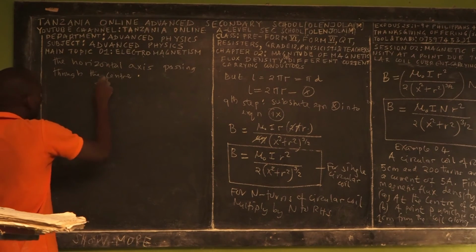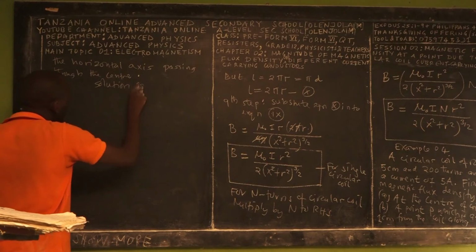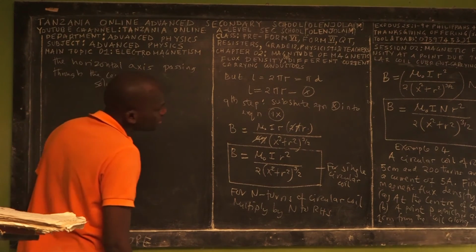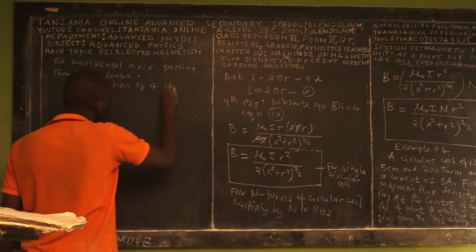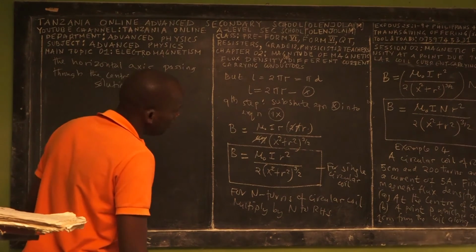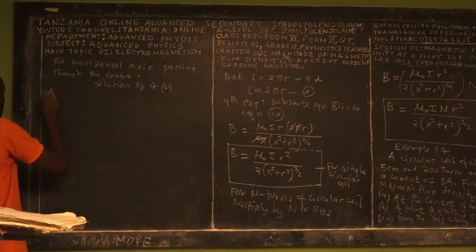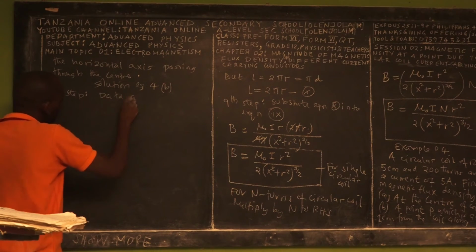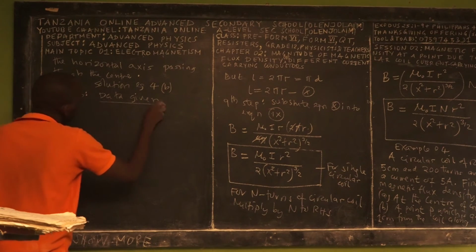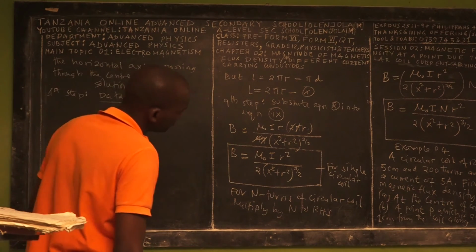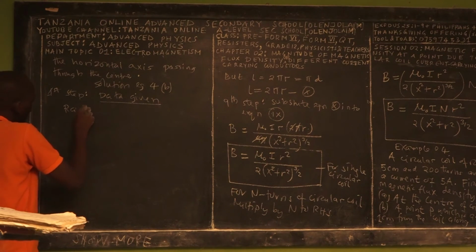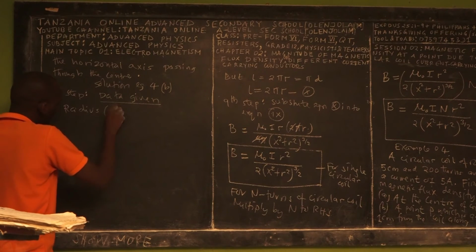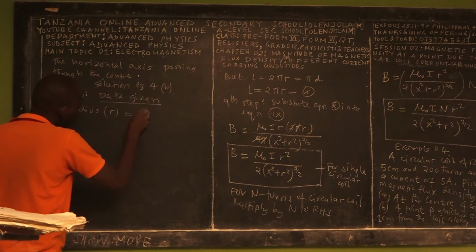Solution, example 4b. So the first step, data given. A circular coil of radius 5 centimeter. Radius R is equal to 5 centimeter.